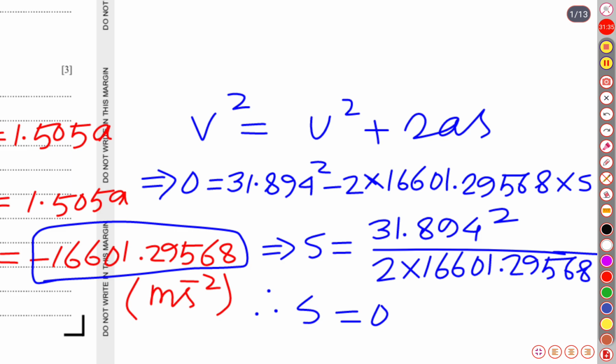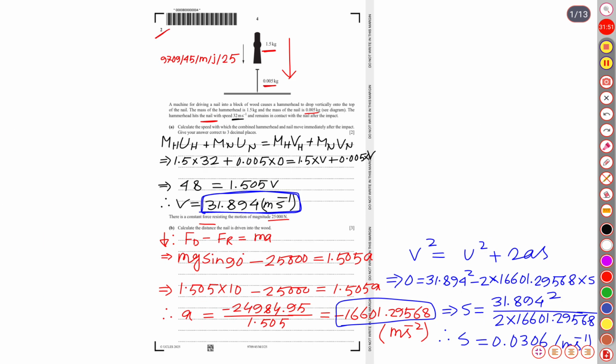So finally our displacement is going to be 0.0306, rounded to three significant figures, or three decimal places. That is the final displacement, the distance traveled by the nail after being hit by the hammerhead.